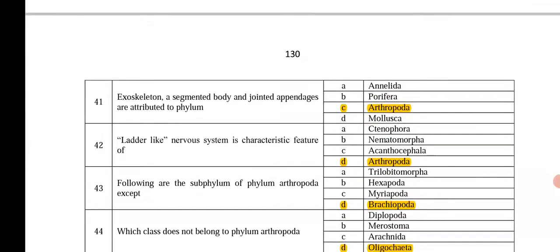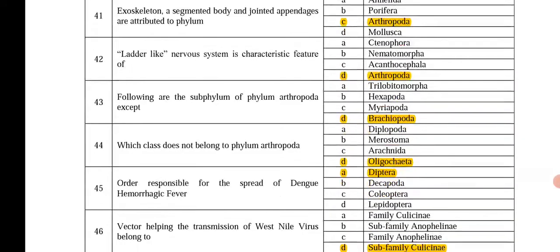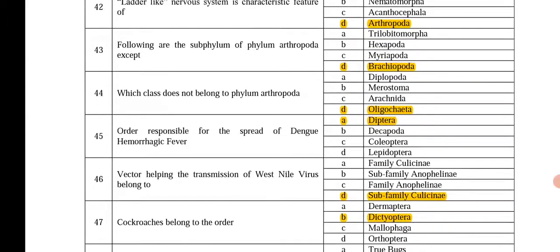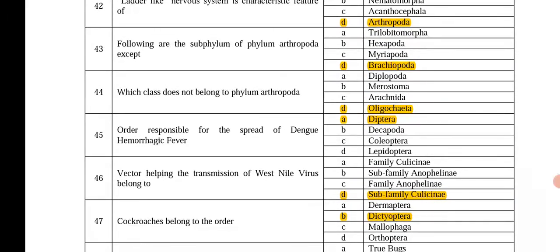Exoskeleton, a segmented body, and jointed appendages are attributed to phylum Arthropoda. Ladder-like nervous system is a characteristic feature of Arthropoda. The following are subphyla of phylum Arthropoda except Brachiopoda. Which class does not belong to phylum Arthropoda? Oligochaeta.